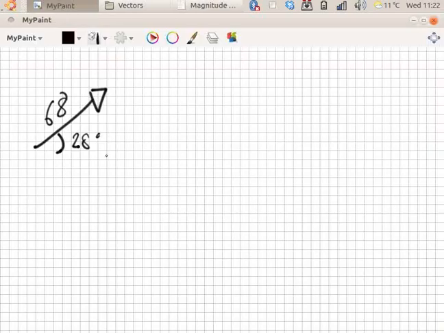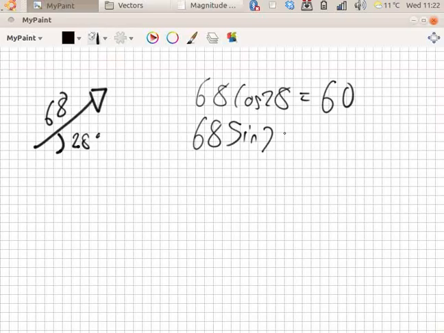Was that the problem? Did you have it like this? Yeah? So 68 cos 28, what's that? 60, alright. And then 68 sine 28, what's that? 32, right. And that will be the i and that is the j part.